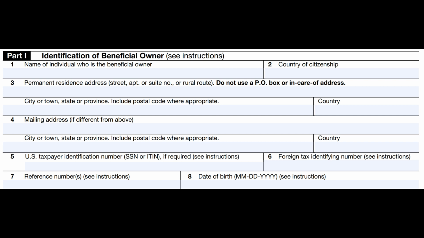They especially don't understand how a non-resident can have a permanent residence address in the United States. So what you'll find is that some financial institutions will not have the ability to process a W-8BEN for a non-resident who lives in the United States.